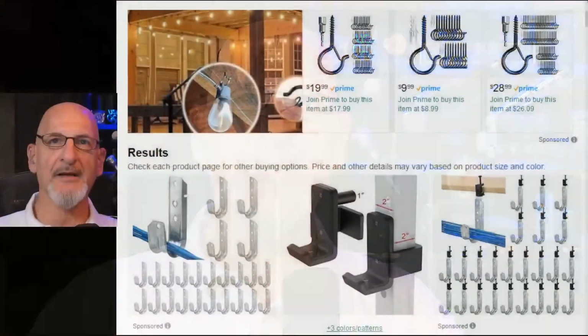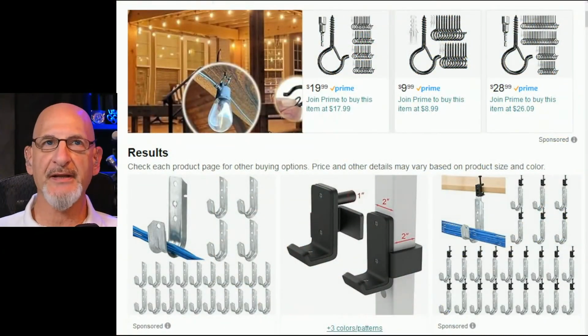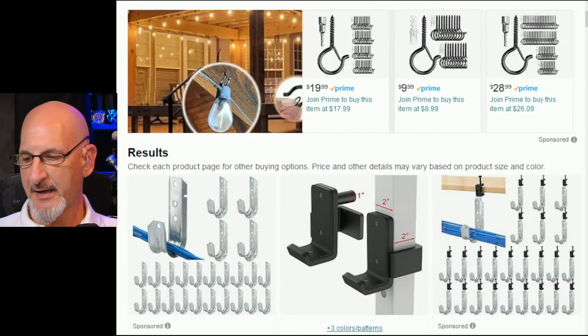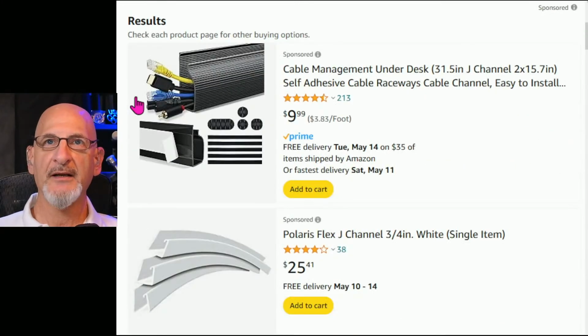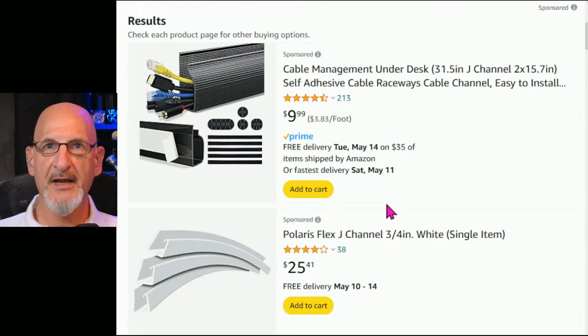Go ahead, Marty. So the easiest thing to use is something called a J-hook. And these are easy to find at any of these retailers. The one problem, a couple of caveats though: if you're running long distances, you will get a lot of sag between the hooks, in which case you can use something like a J channel, which runs linearly and will support all the wires.